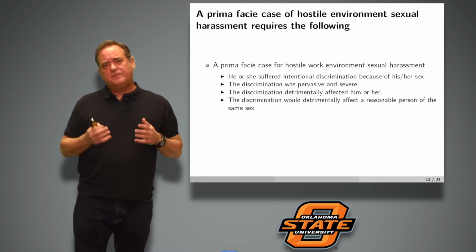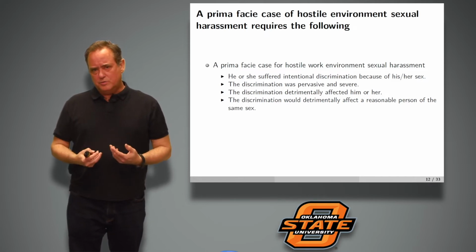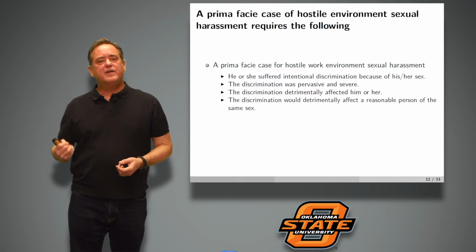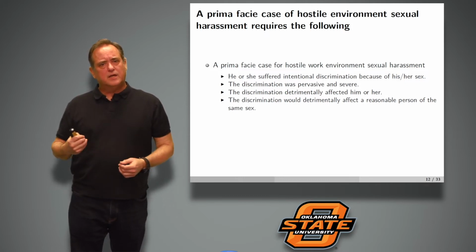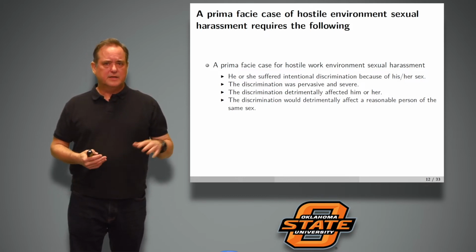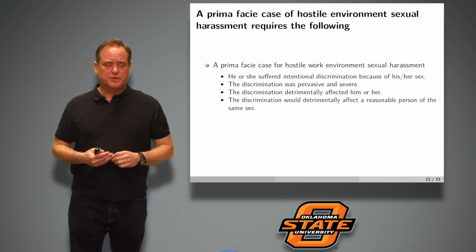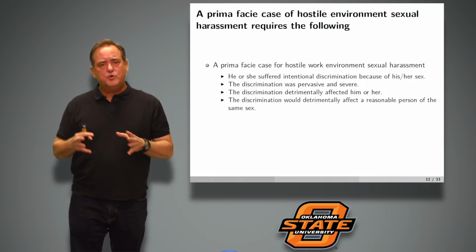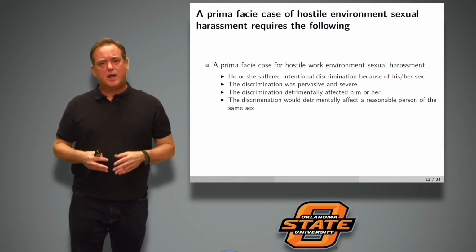And you have to show that not only were you detrimentally affected by the conduct, but that it would affect a reasonable person of the same sex. And again, we'll talk about where this perspective came from. But in essence, there are 2 aspects to the prima facie case.